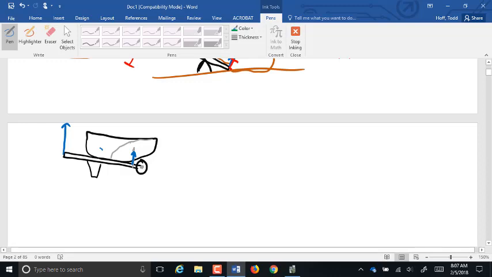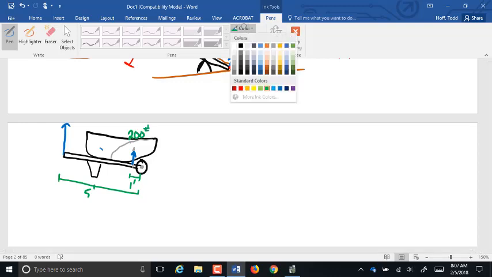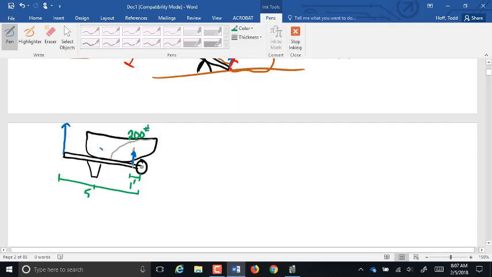So let's say this here is 1 foot from the wheel, and where we're lifting is 5 feet from the wheel. If we load 200 pounds in there, how much force do we have to lift with?